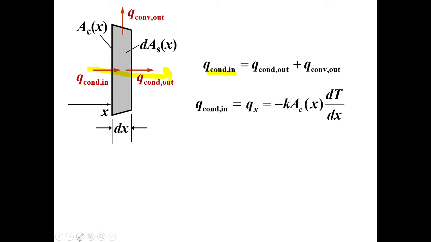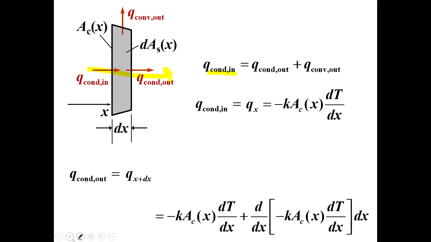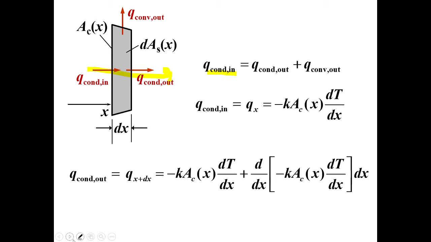So another one: Q conduction outside equals Qx plus dx, which equals minus K A dT by dx plus d by dx of minus K A dT by dx, into dx.